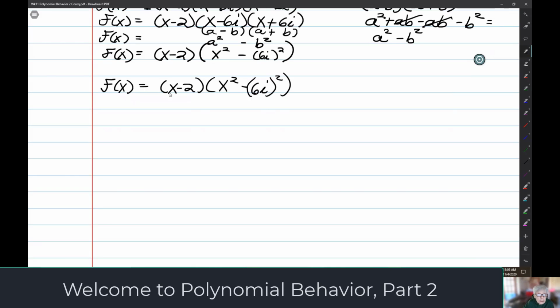Now, that's going to be x minus 2 times x squared minus 36. 6 squared is 36, and i squared is i squared. But i squared is something more. I squared, you remember, and if you don't, here it is. I squared equals -1.